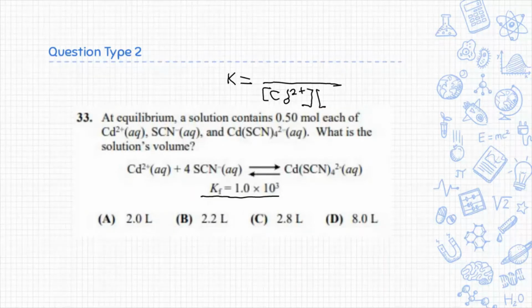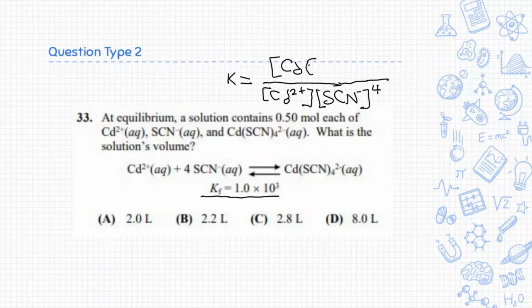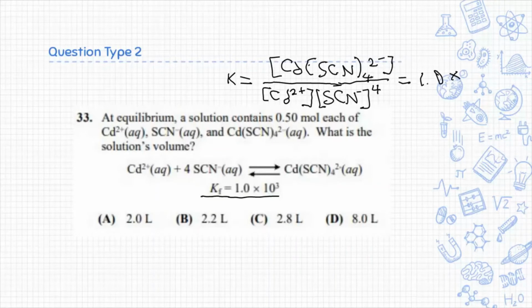There are 4 SCN minus, so we raise that to the 4th power, and then the concentration of cadmium thiocyanate, like that. And this equals 1.0 times 10 to the 3.